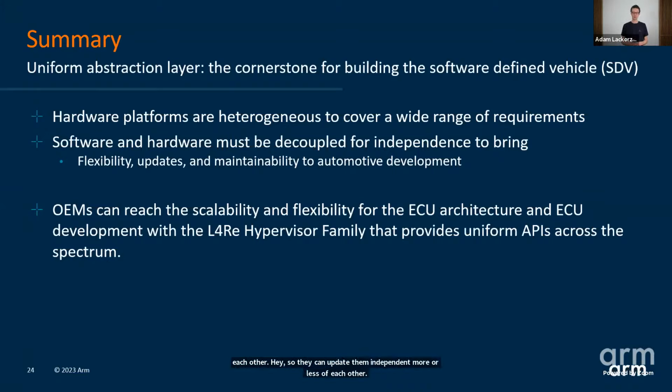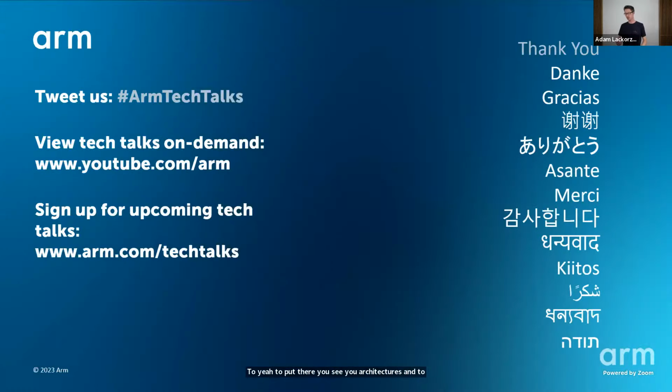So it's a very wide range of computing that we can enable with the same APIs. And I think we provide the scalability and the flexibility that OEMs will need in the future to build their ECU architectures and deploy their software as required. That basically brings me to the end of the talk from us, and we are happy to take questions.